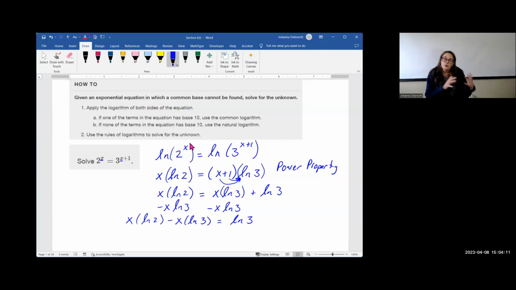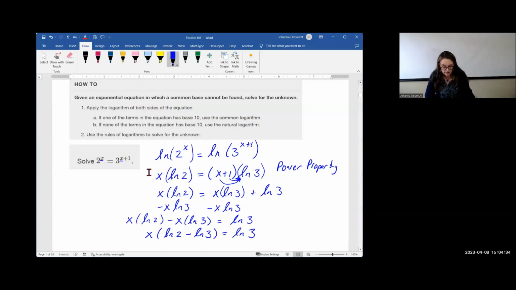Now I have two terms with x in them, and x is what I want to solve for. So even if I had another common factor, I only want the x. I want to pull the x out by factoring it out, and that leaves natural log of 2 minus the natural log of 3, equal to the natural log of 3.